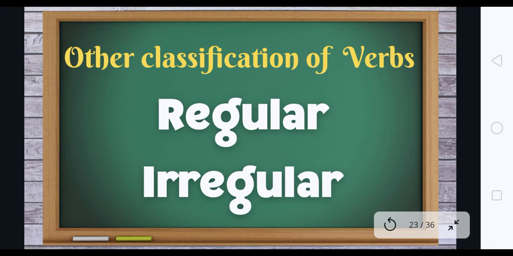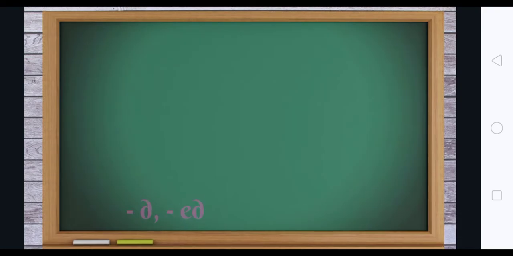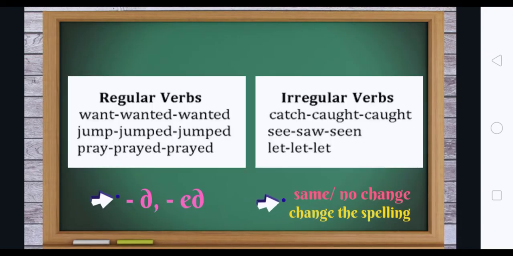Other classification of verbs: regular and irregular. Example of regular verbs: want, wanted, wanted. Jump, jumped, jumped. Pray, prayed, prayed. Irregular verbs: catch, caught, caught.